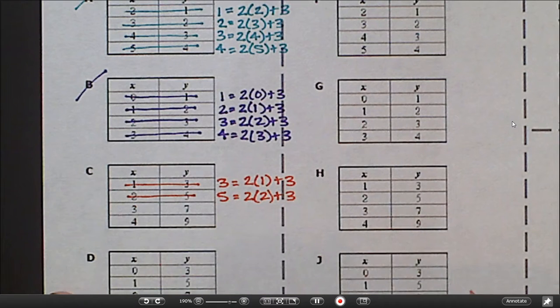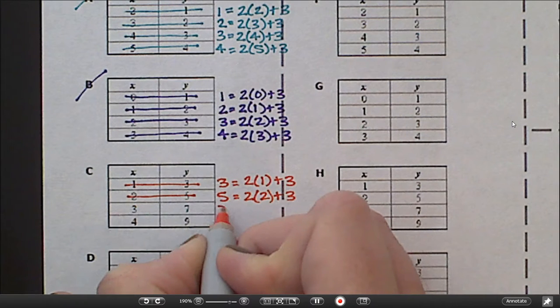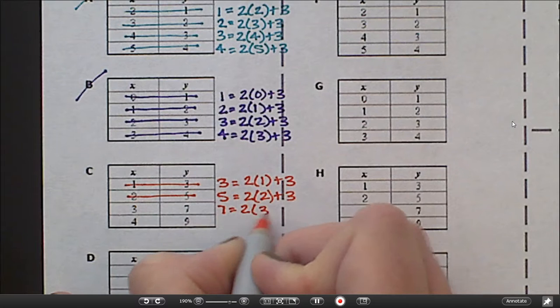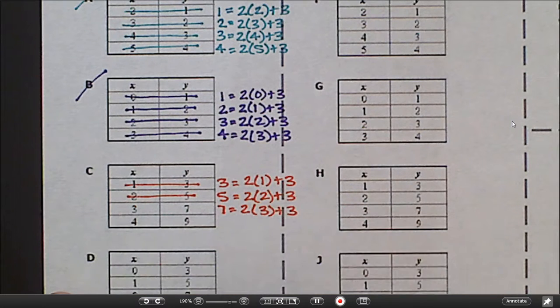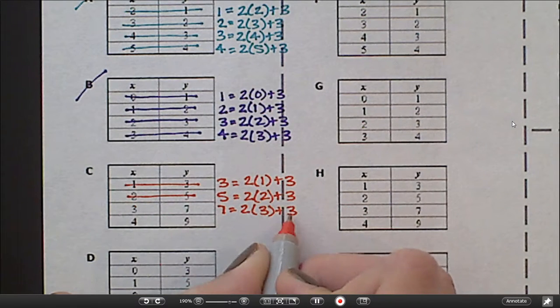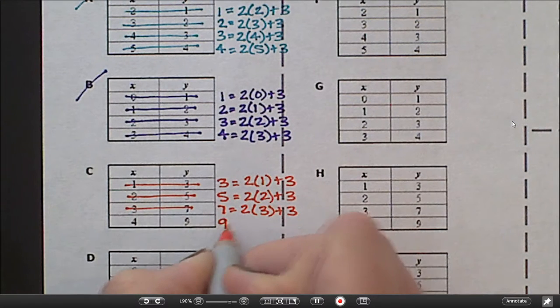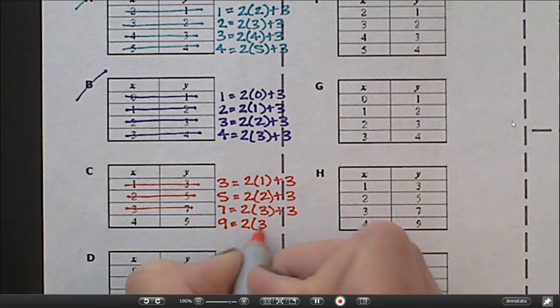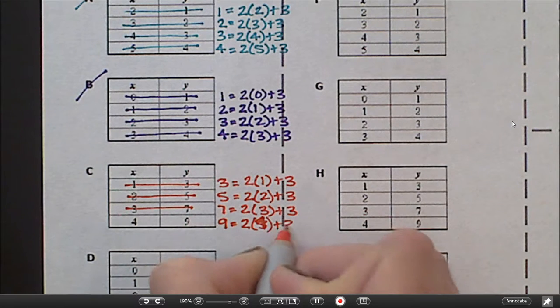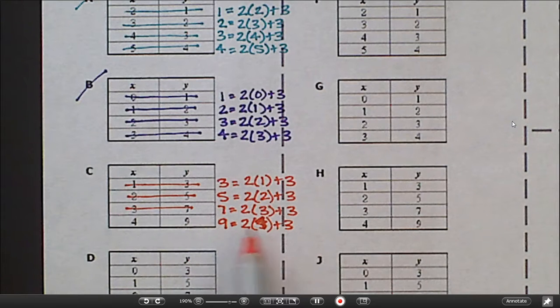Nope. 7 equals 2 times 3 plus 3. Well, that's 6 plus 3 is 9. Nope. 2 times, whoops, let me plug in 4 here. 2 times 4 plus 3. 2 times 4 is 8 plus 3 is 11.